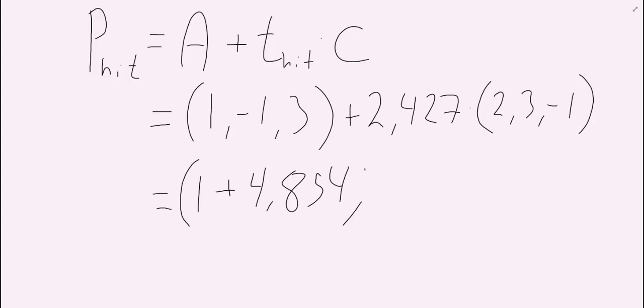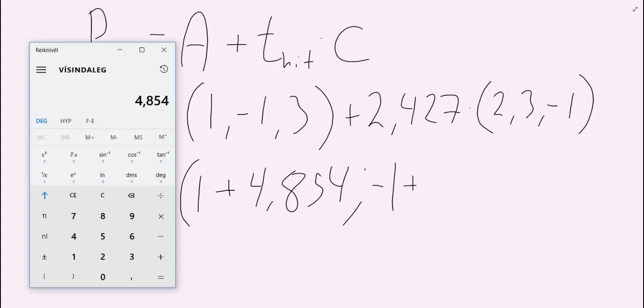Okay, that's the first part. And we have minus 1 plus 3 times 2.427, 7.281.